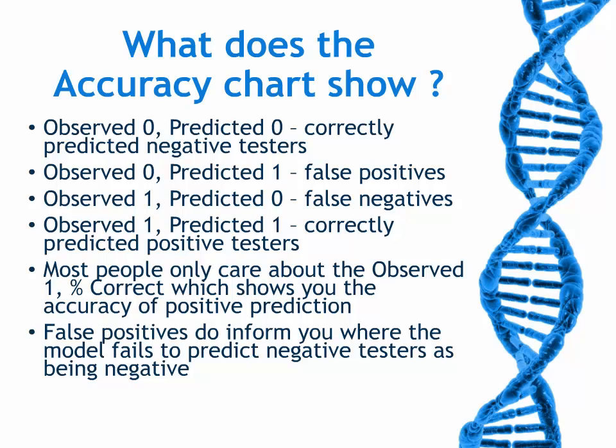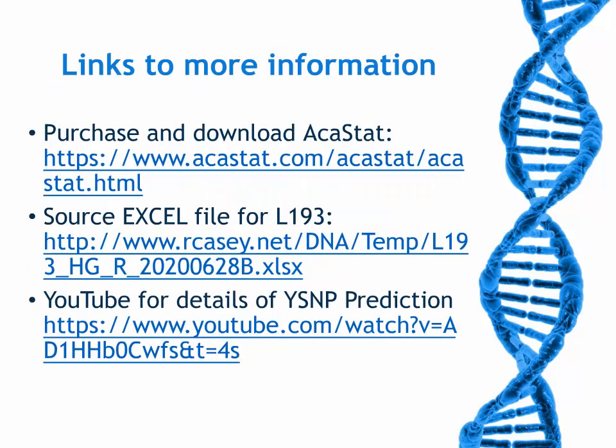That shows you the accuracy of predicting positive in your model. False positives are important because they inform you where the model fails to predict negative testers as being negative and the prediction is positive. So you really need to understand that there are 2 forms of false reports.